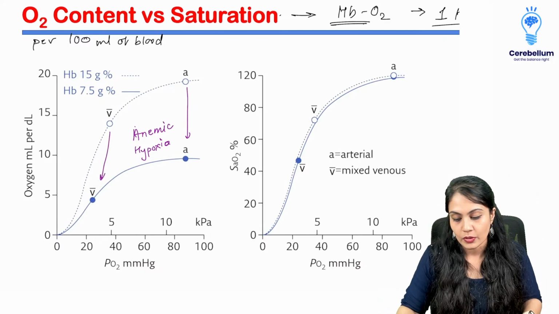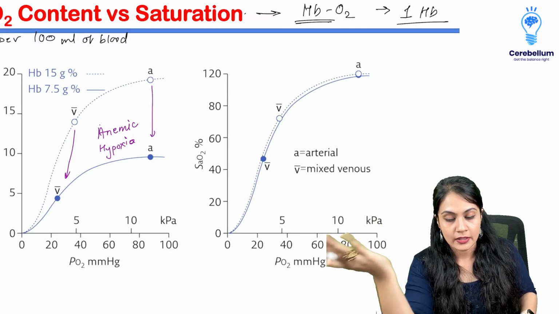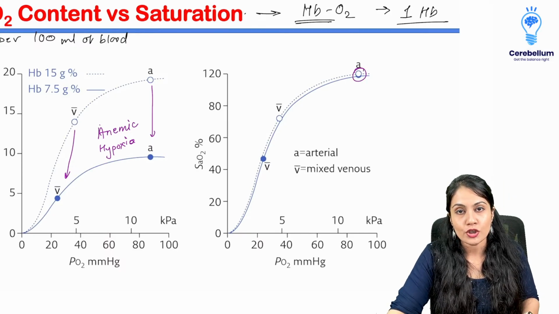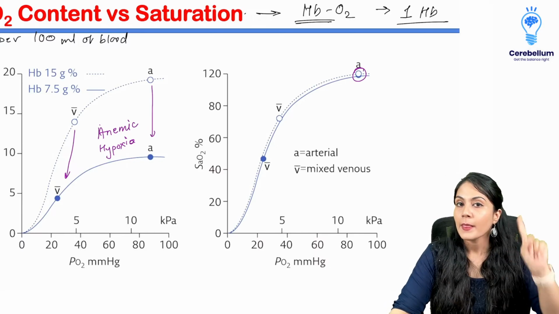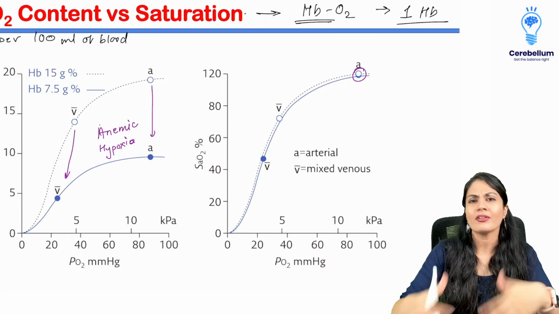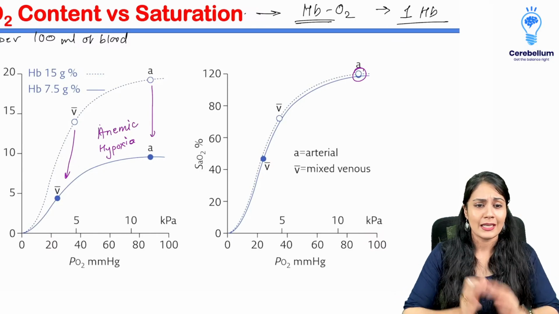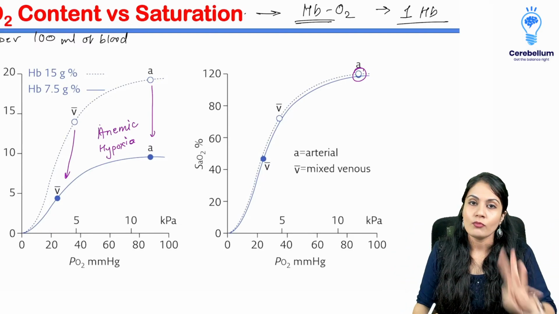All right. Now, see over here, this is the saturation graph. The other graph is the saturation graph. See over here, the saturation, that means I'm talking in terms of one single hemoglobin. If I take one single hemoglobin, whatever hemoglobin is available in the anemic hypoxic patient, of course, the hemoglobin doesn't have any problem. So 4 molecules are going to be there in one hemoglobin.